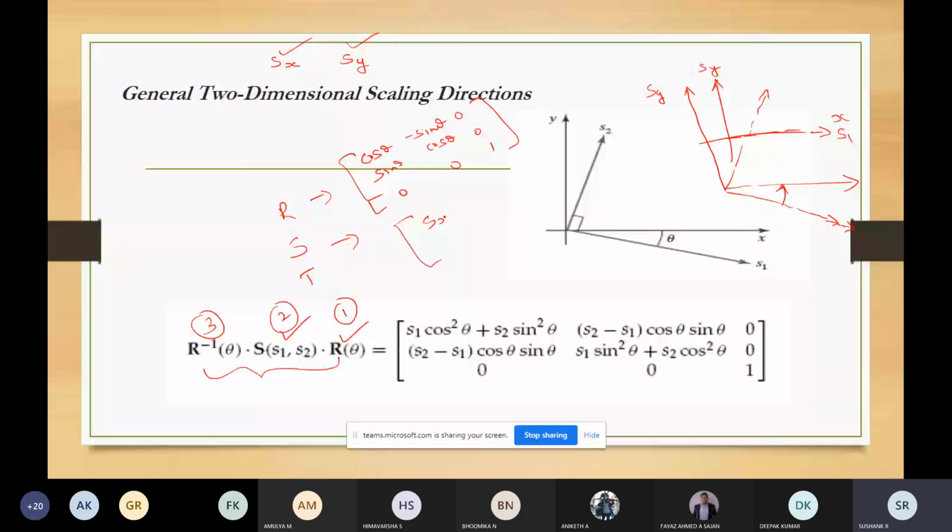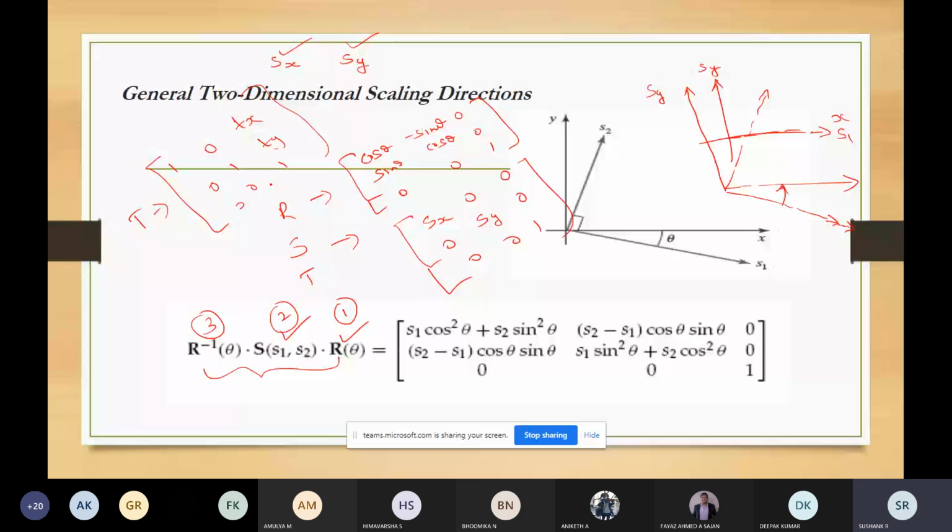You should remember this. And T is given by the translation matrix: ones on the diagonal, and here it will be tx, ty. This we have studied in two dimensions: translation, rotation, scaling.